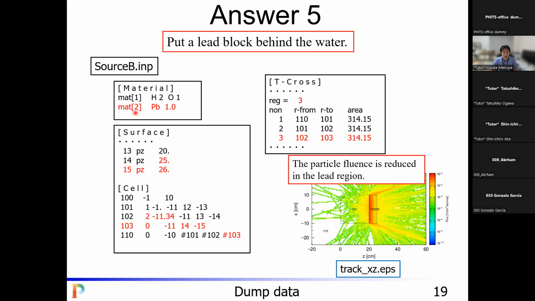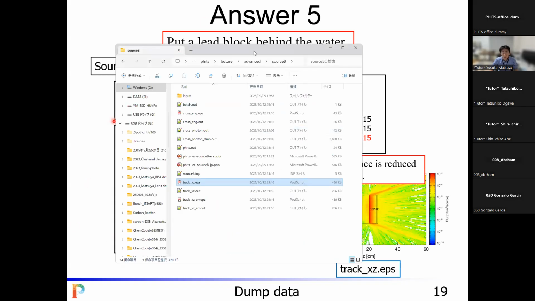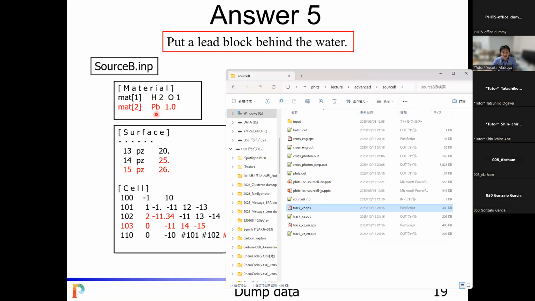To put a lead block behind the water, all we have to do is this. So first one is to add material number 2 and define the lead in the material section like this.